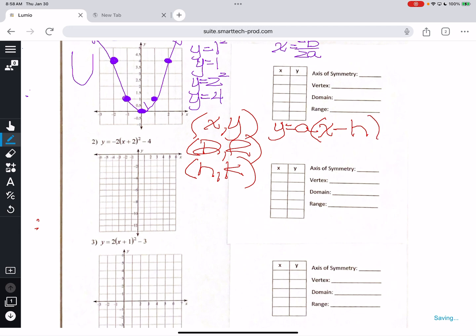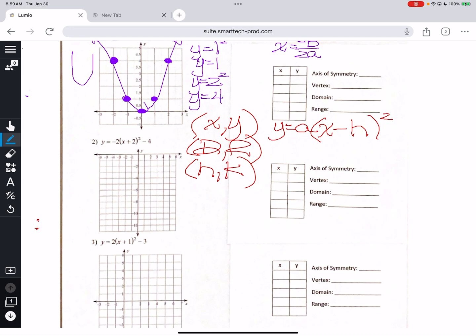Why can't you just say like X or Y? Because then it's too many X's and too many Y's. X, opposite H. It says minus H, but remember when we did opposite B over 2A, we wrote it as minus B? So it's that same thing. Opposite H, squared. If we don't square it, you're going to have a linear.